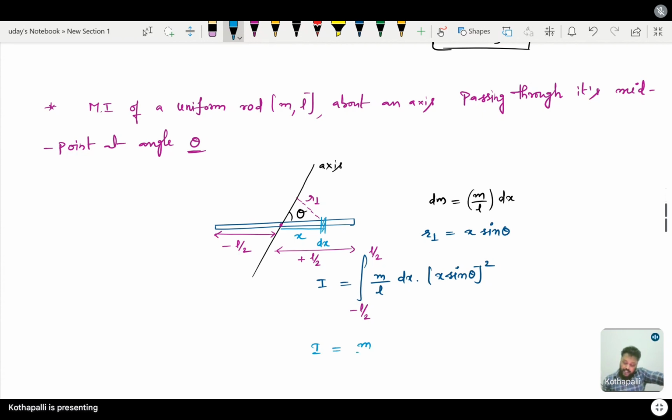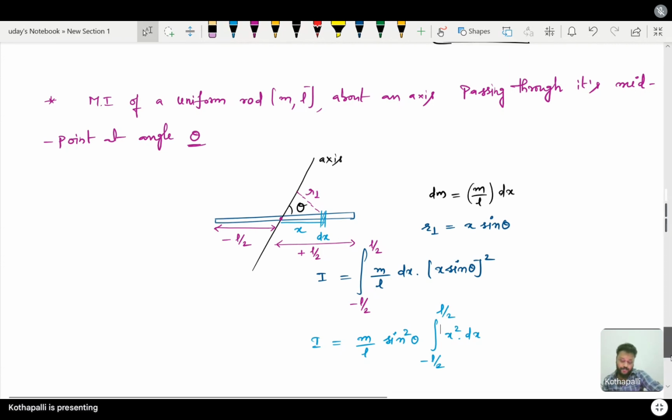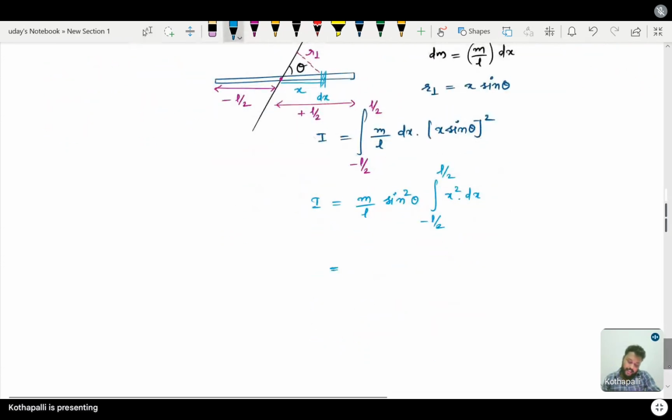So we'll take M by L and sine square theta as constants out, and under integration x square dx from minus L by 2 to plus L by 2. If we simplify this, M by L into sine square theta, x cube by 3 under the limits minus L by 2 to plus L by 2.